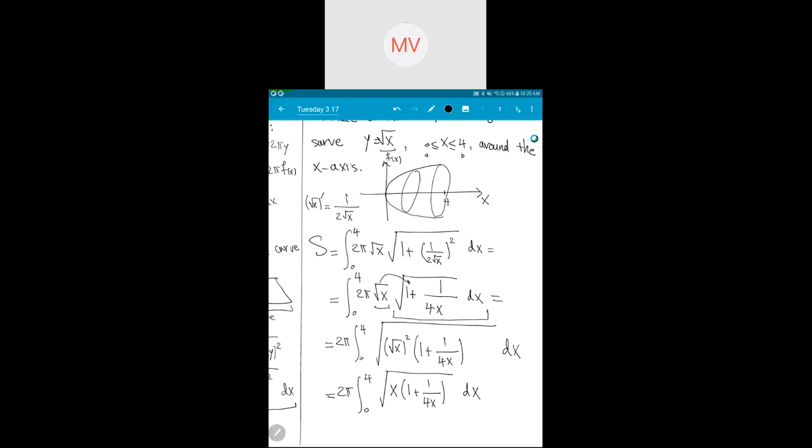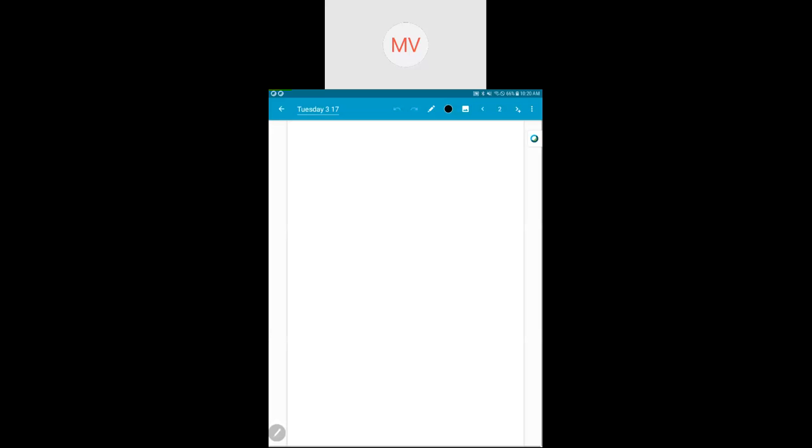Right? And now let's go to the next page. Let me split it to 2 columns. Okay, so it was 0 to 4.